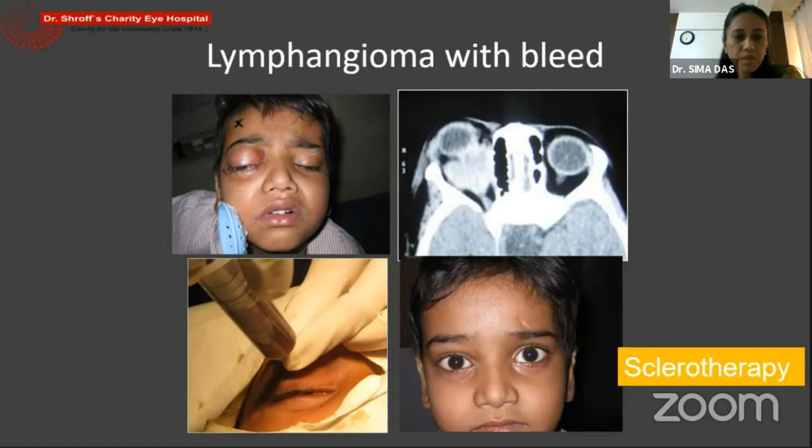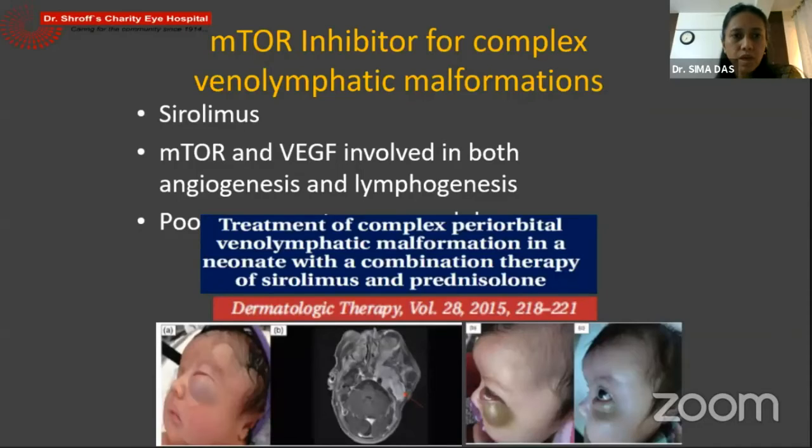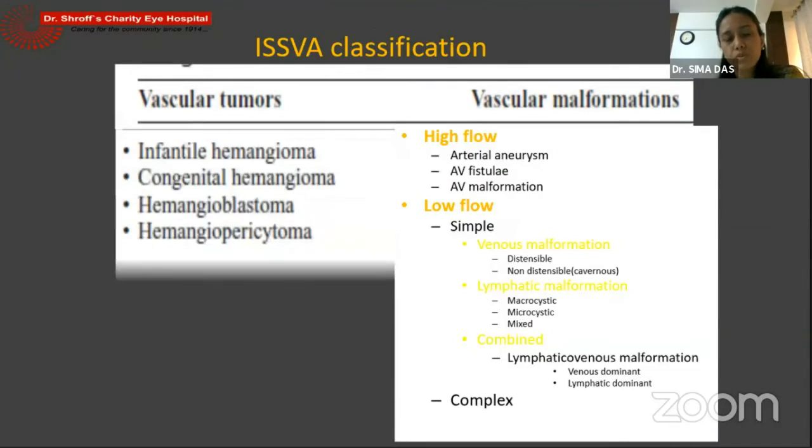Aspiration will definitely give us a diagnosis, and again, sclerotherapy with various sclerosing agents works very well in these patients. There are again now reports of the use of mTOR inhibitor, sirolimus specifically. VEGF and mTOR are the pathways involved in angiogenesis and lymphogenesis, and inhibiting those pathways can have a role in the treatment of these patients.